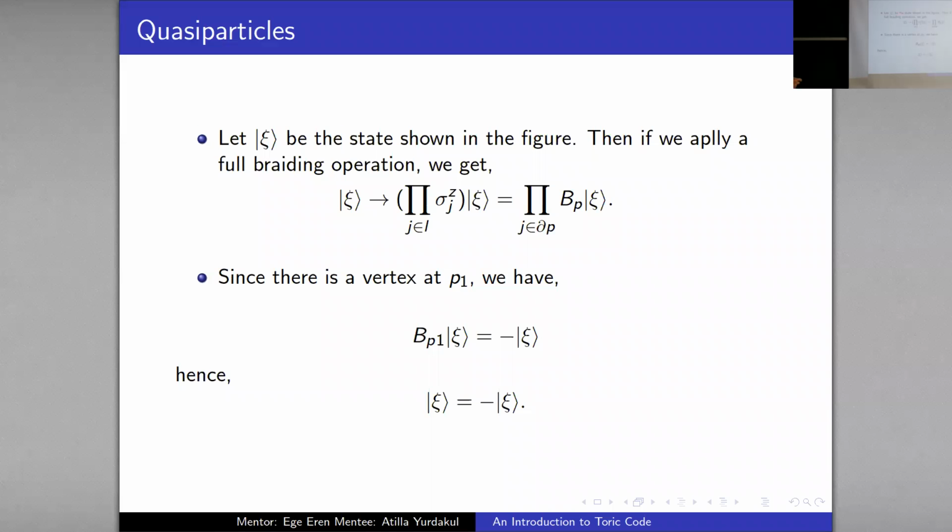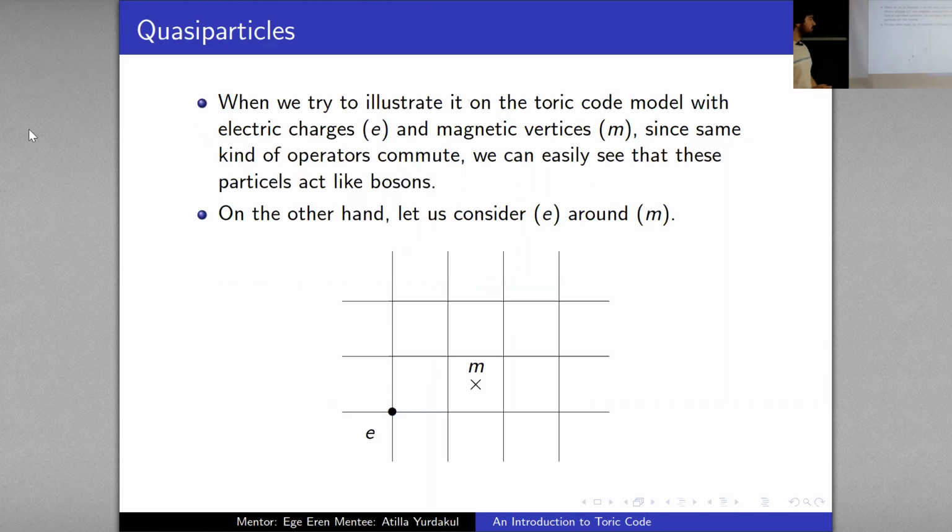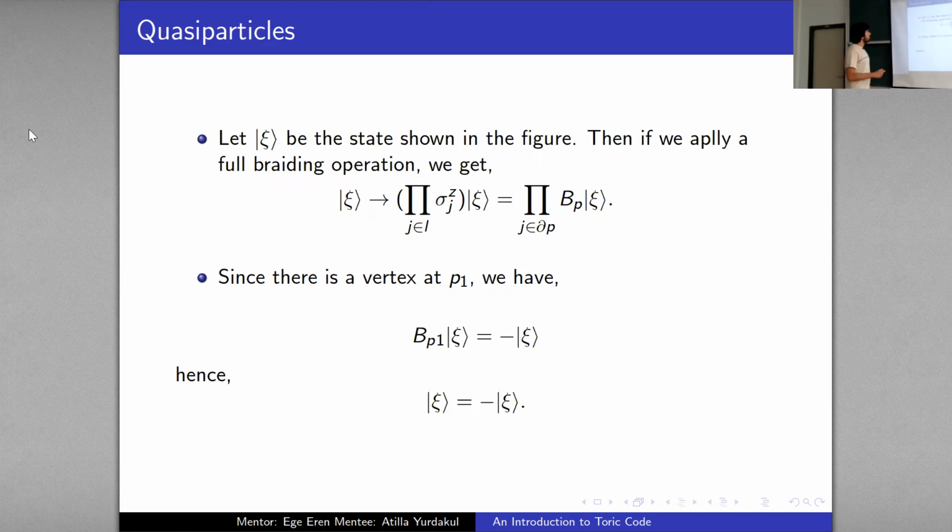Let's see the state shown in the figure like this. We take it and travel it around the M. When we apply the full grading operation, which changes the position, the C is equal to this.